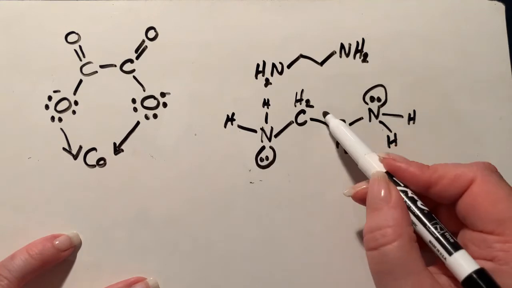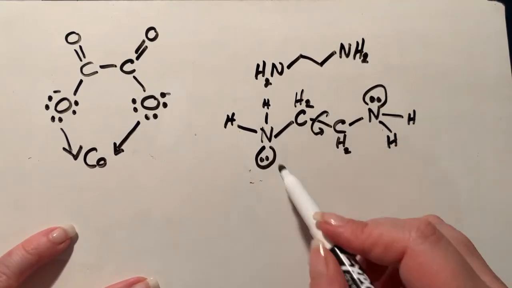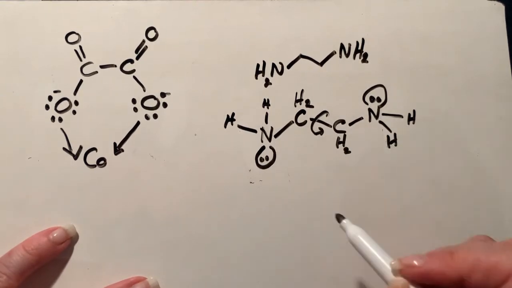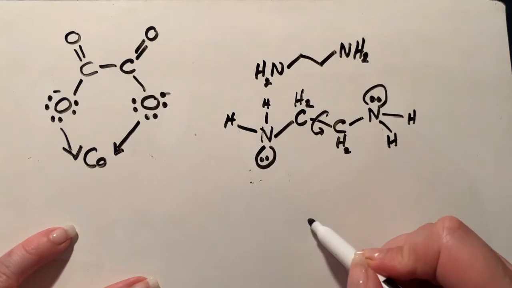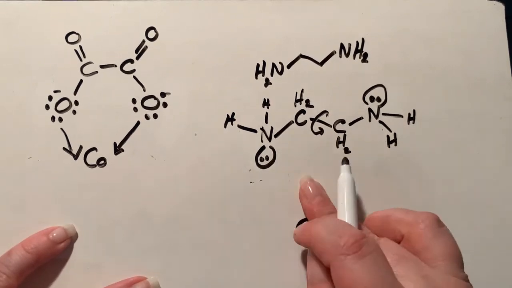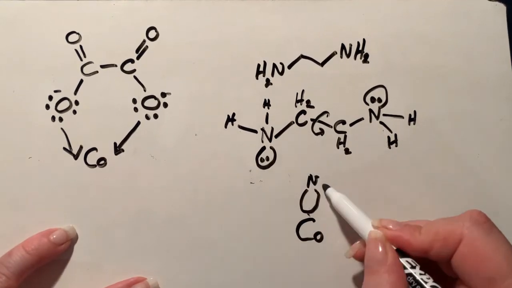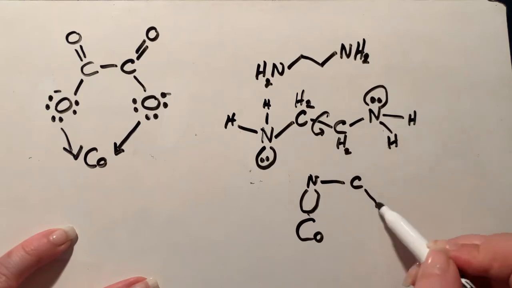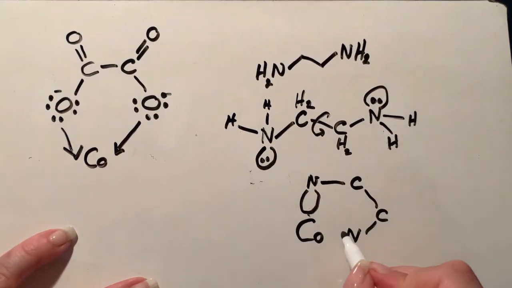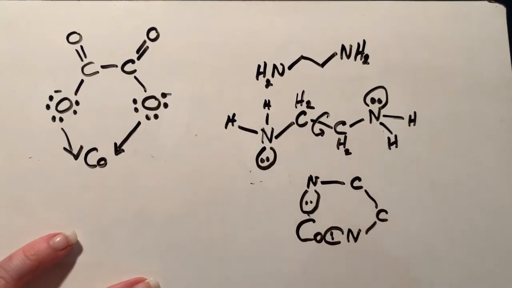And because these bonds can just rotate, you have the chance that this 1,2-diaminoethane can then again wrap round. So one dative bond here, and then you've got that's the nitrogen, and then you've got this 2-carbon chain that can then wrap around to this next nitrogen, which can bond again datively onto your metal.